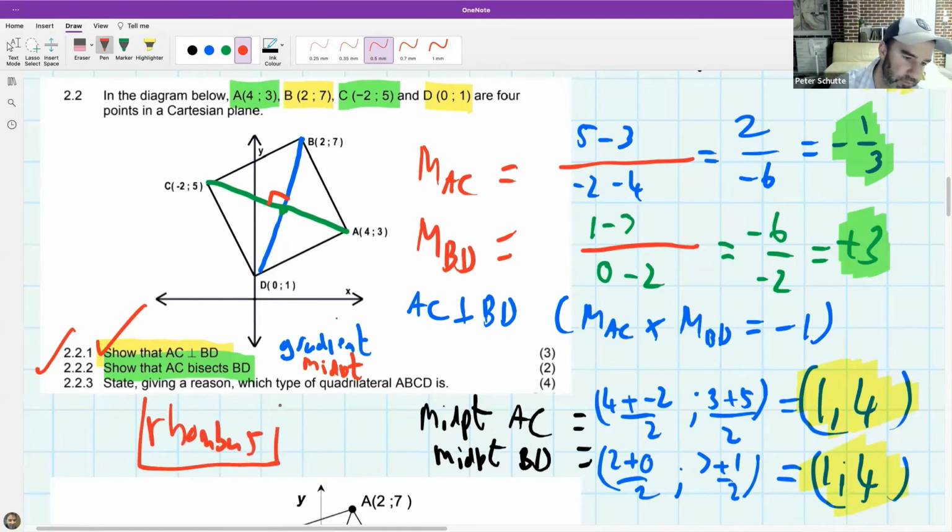So if you want to prove that a quadrilateral is a rhombus, not only do you have to show that the diagonals bisect each other, you have to show that they bisect each other at 90.